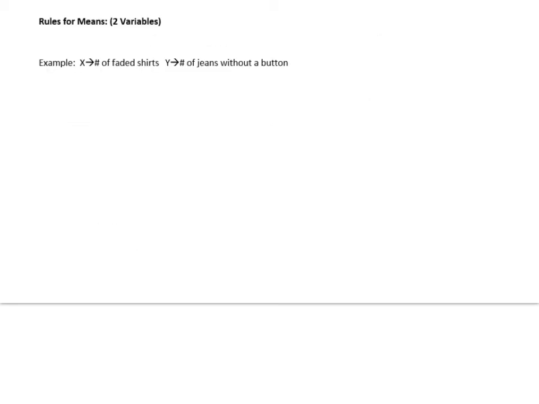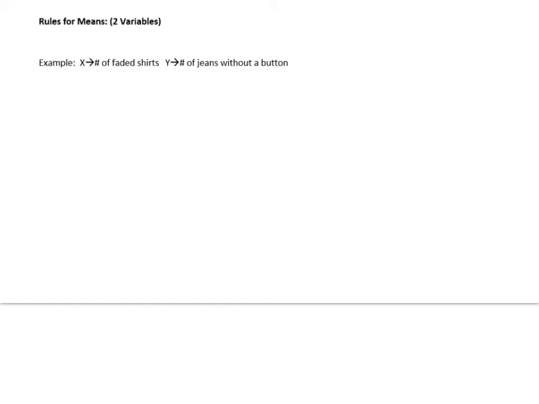All right, so let's take a look at something where we move away from a single mu sub x value, a single variable that we're trying to represent, and build in a second variable. So we have one random variable x, which represents, in this example, the number of faded shirts that a factory produces in a given run, and the random variable y represents the number of jeans that are made without a button. Oh, the buttonless jeans, always a problem in my life.